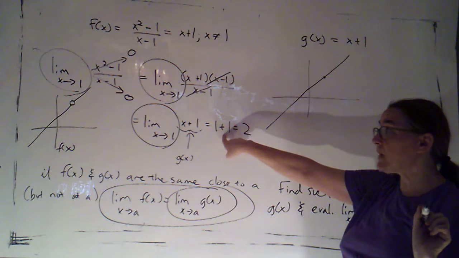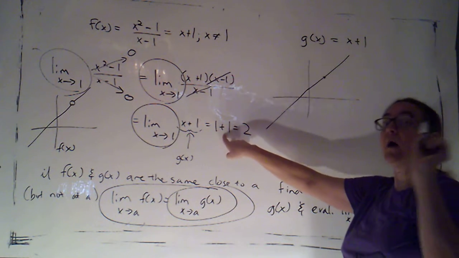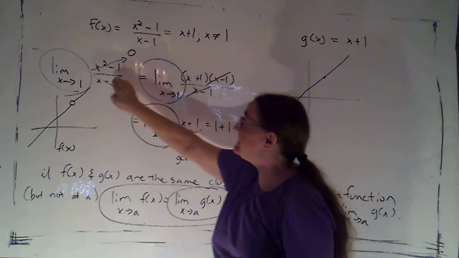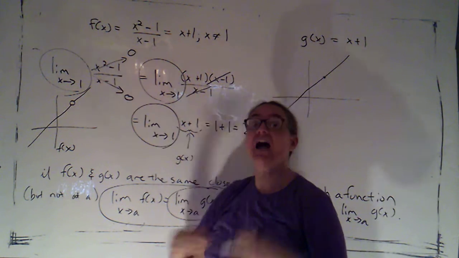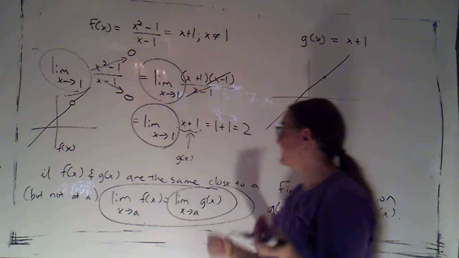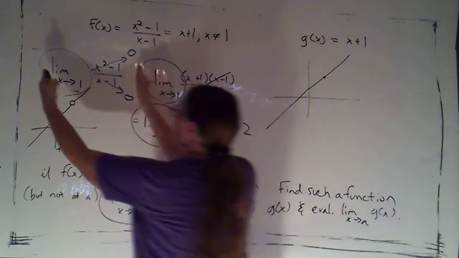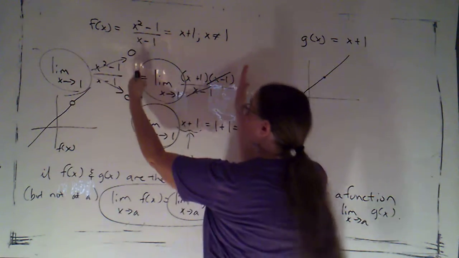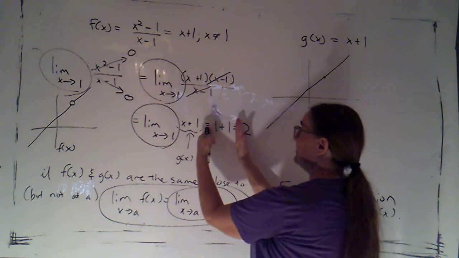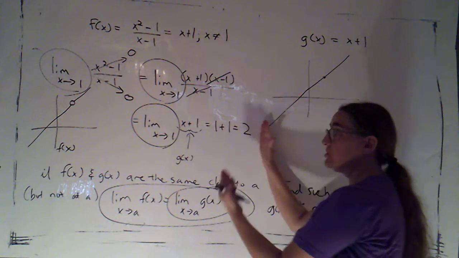I stopped writing the word limit when I plugged in for x. As long as there are still x's in my expression, I need to write that I'm taking the limit. Because the limit, if it exists, is just a number. So I'm saying this number equals this number equals this number equals this number equals this number, 2.